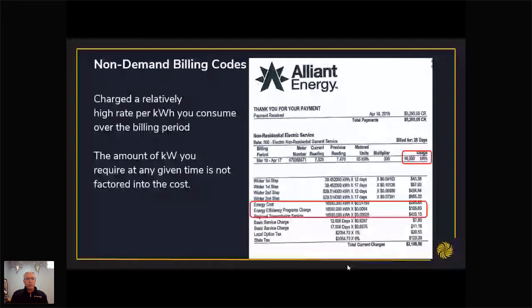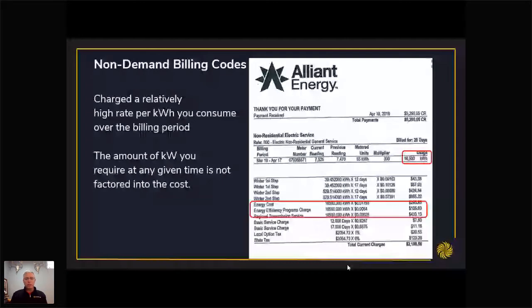Your meter does record kW because that's how it is able to calculate kilowatt hours, but you are not billed and charged specifically by the kW.